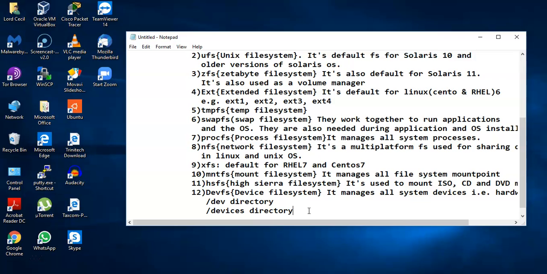And the single file that DevFS contains is called the etc path_to_inst file.